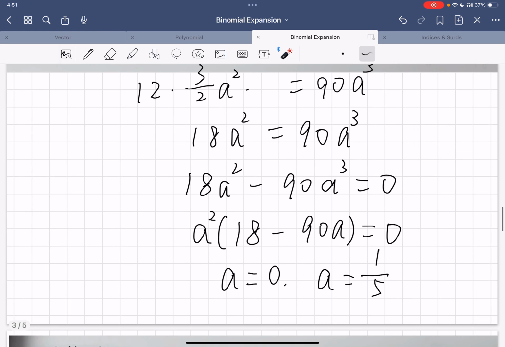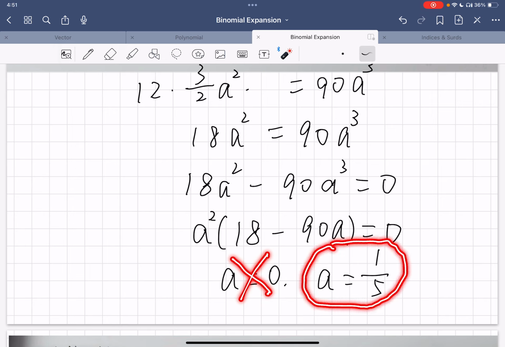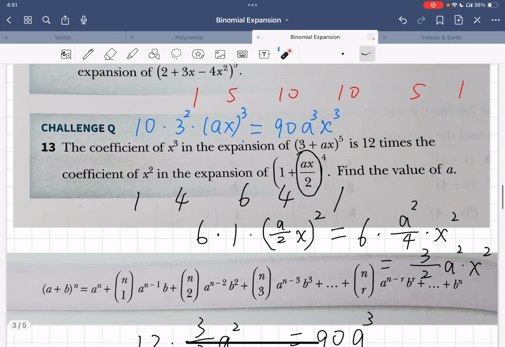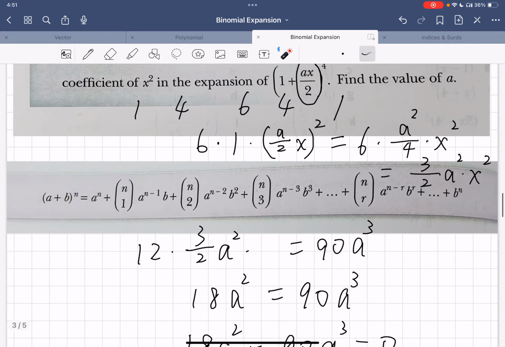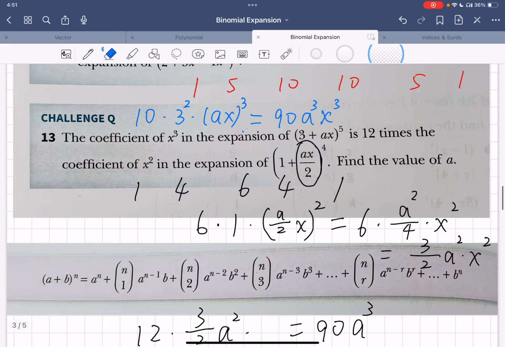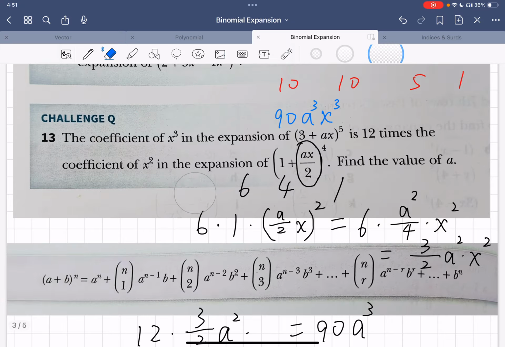So we need to remove this one. This is not the answer we want. So a can only be equal to 1 over 5, or 0.2. Okay, so that's it. If you have any questions regarding how to solve question 13, you can leave your comments. I'll take a look later on.